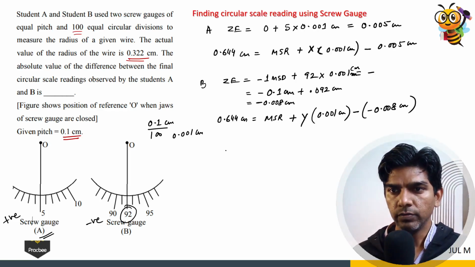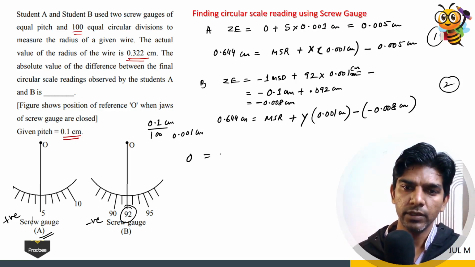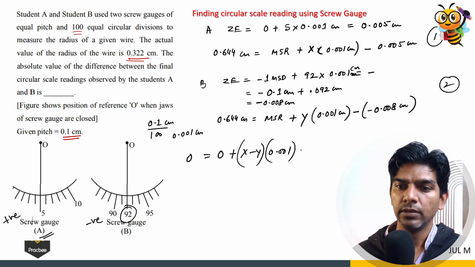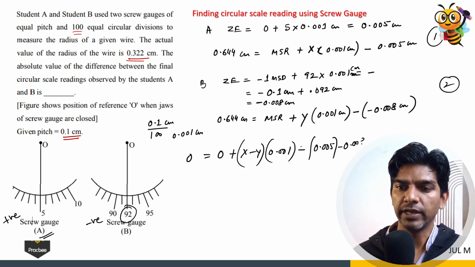So what are we going to do? Let us take the difference of the first and the second. If we take the difference, we'll get 0 equals 0 plus x minus y times 0.001 centimeter plus minus 0.005, and then we have minus 0.008.